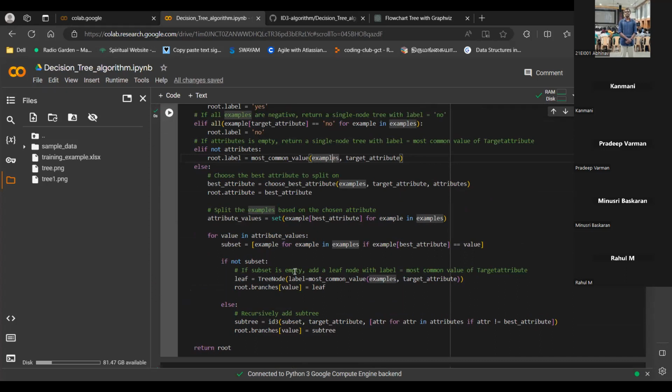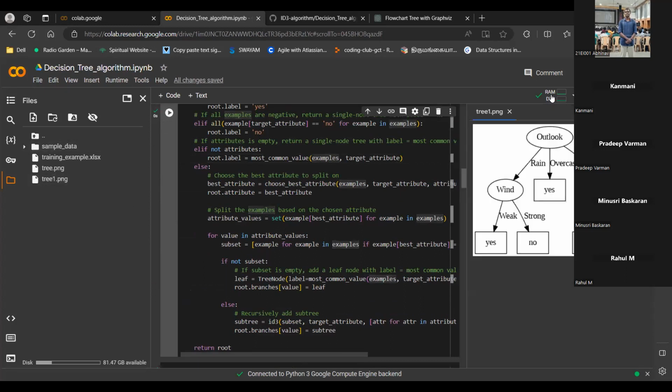When we're going down the nodes, we'll be avoiding some of the instances, right? So if you take our tree, if you go below the outlook, on the side of rainy, we'll be avoiding the overcast and sunny instances. Let's think we have one more attribute, wind, with values like weak, strong, or mild.